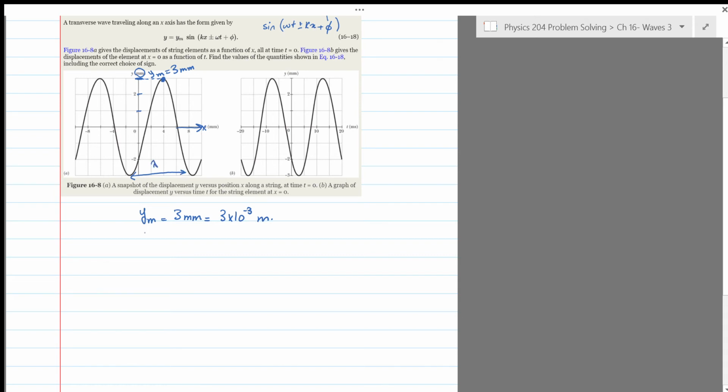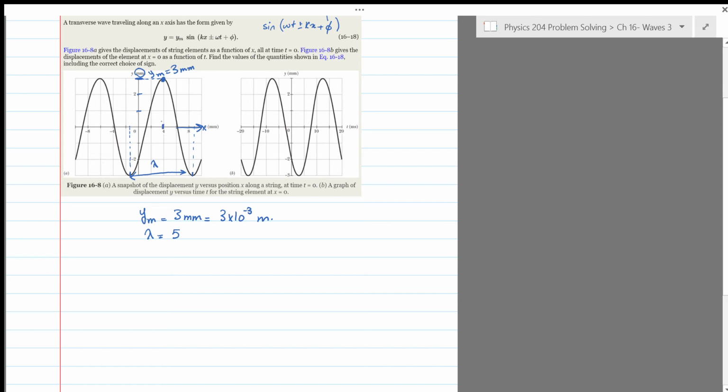So this graph will give us lambda. It's the distance between two peaks or two troughs, and we can see here that this distance is given by these divisions, which are basically 5 divisions.